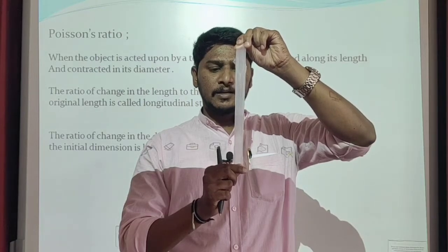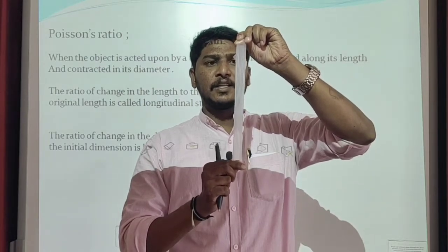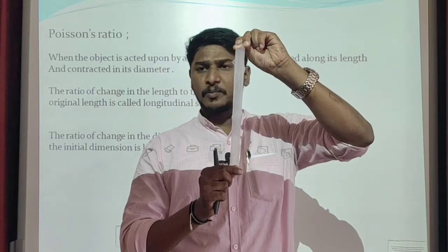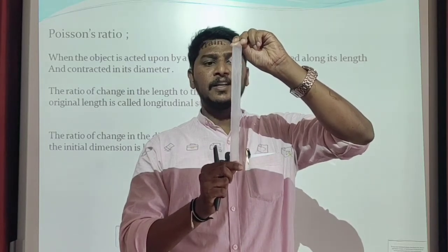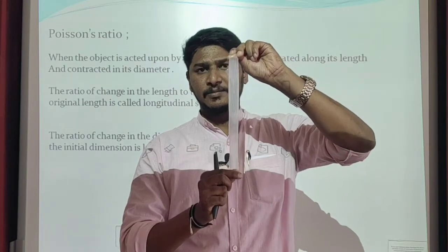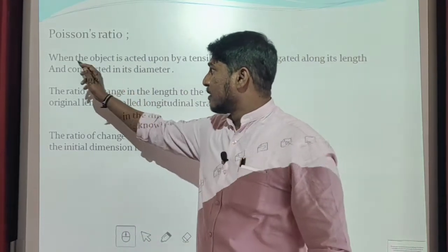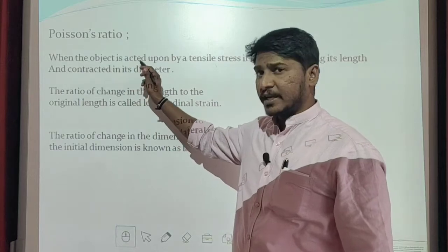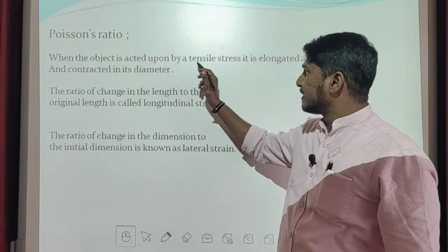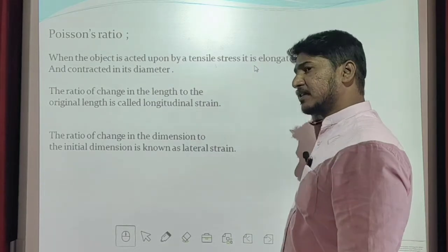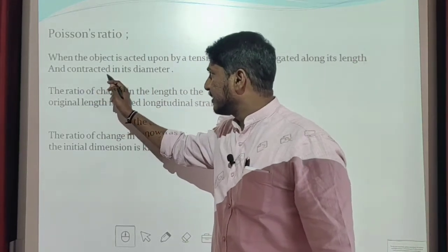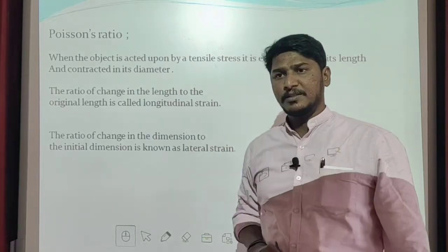When we apply tensile stress, this body undergoes deformation. That is, there is an increase in its length and a decrease in its diameter. When the object is acted upon by a tensile stress, it is elongated along its length and contracted in its diameter.